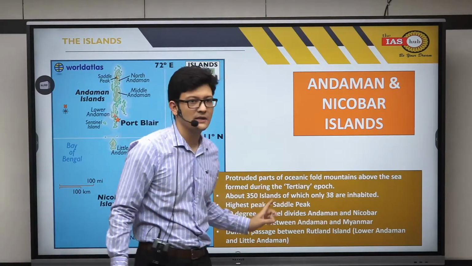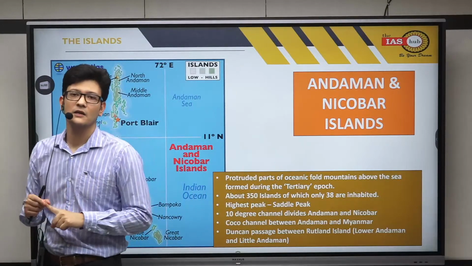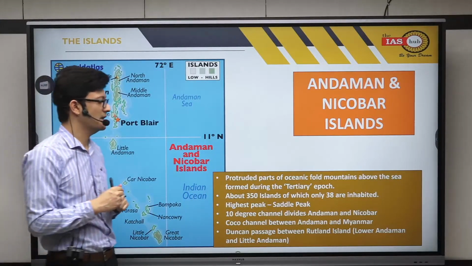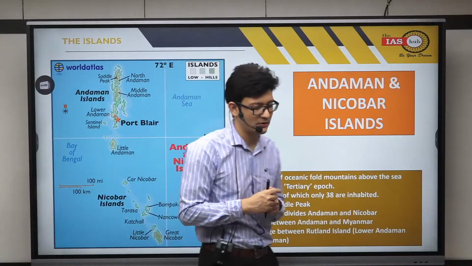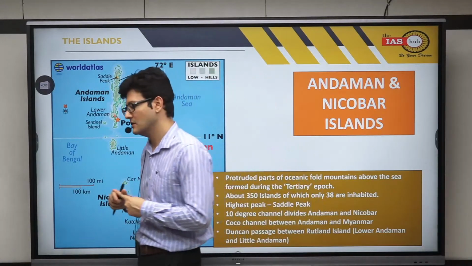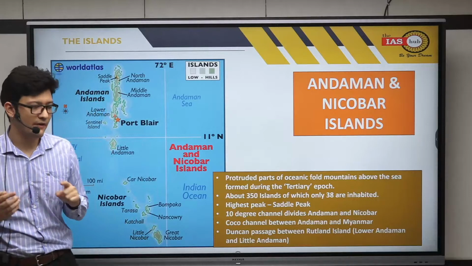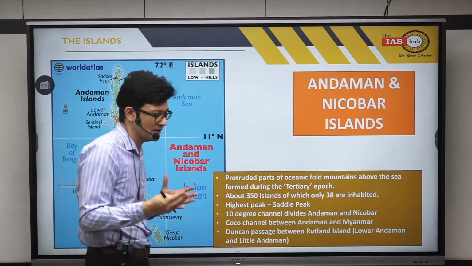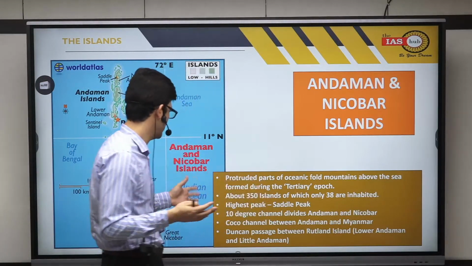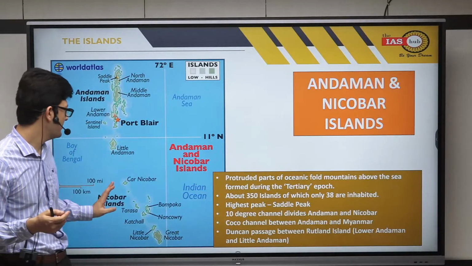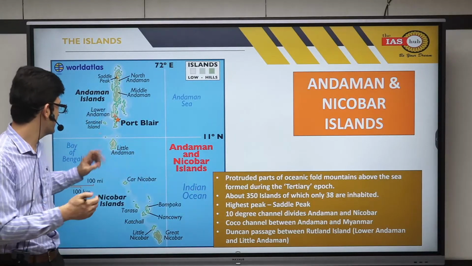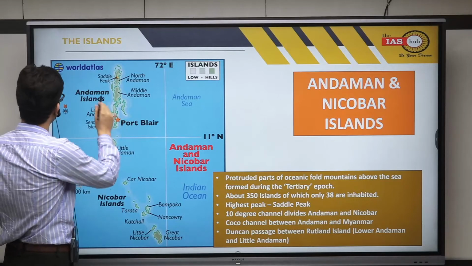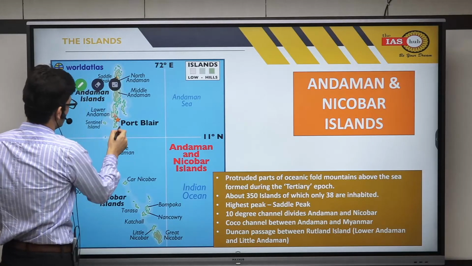This question has been asked by UPSC previously. So we'll keep track of all these things. Tropic of Capricorn, Tropic of Cancer, these major lines which divide a particular island or particular region, we'll have to keep track of them also. There is the Duncan Passage between Rutland Island and Little Andaman. Rutland Island you'll find in Lower Andaman, somewhere here.